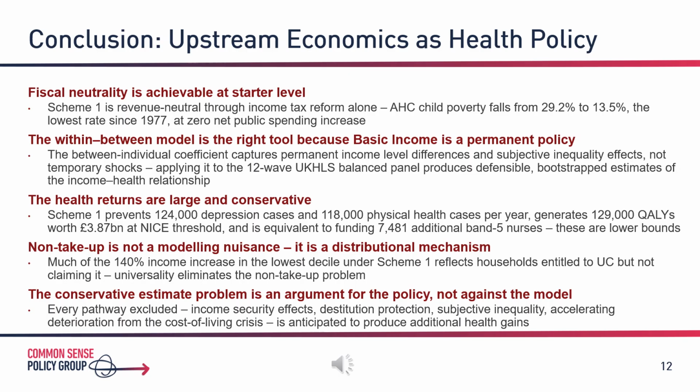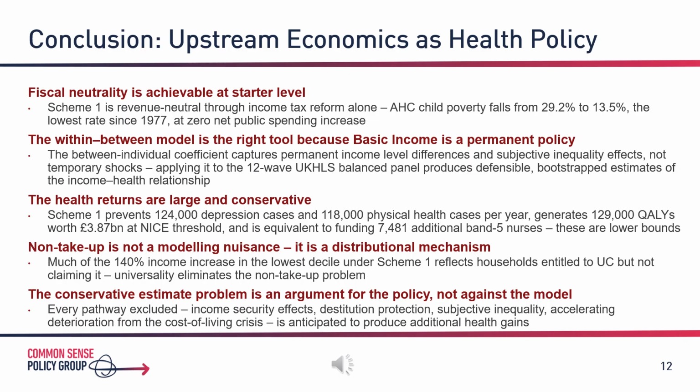Universal basic income bypasses all of these because it is paid automatically to everyone. For these households, the income gain is not a policy gift. It is the correction of a systematic failure to reach the people the current system is designed to help.